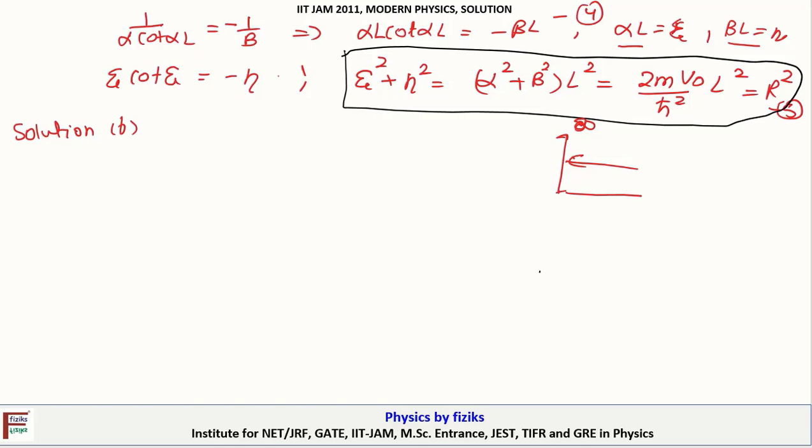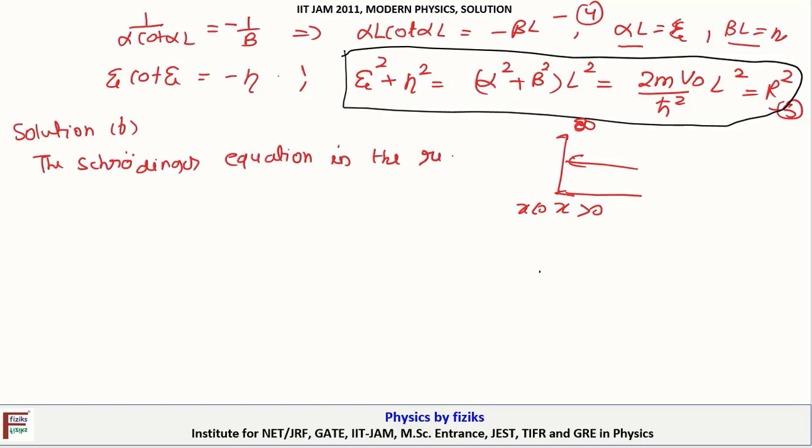The Schrödinger equation. There are two regions, x greater than 0 and x less than 0.